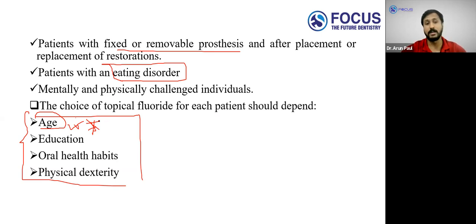That is the best period to deliver fluoride. Education, overall socioeconomic status, is related to caries. People with poorer oral health habits will have a higher status of caries, so they need application of topical fluorides. And physical dexterity.